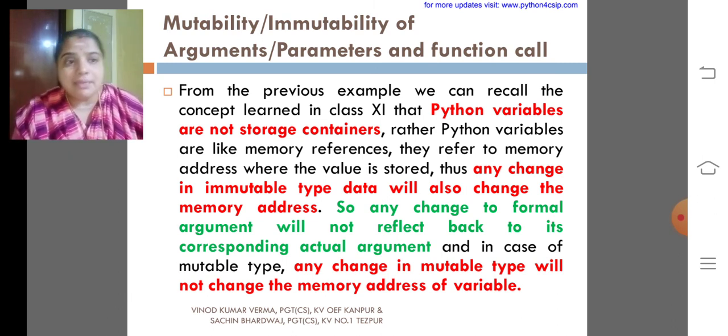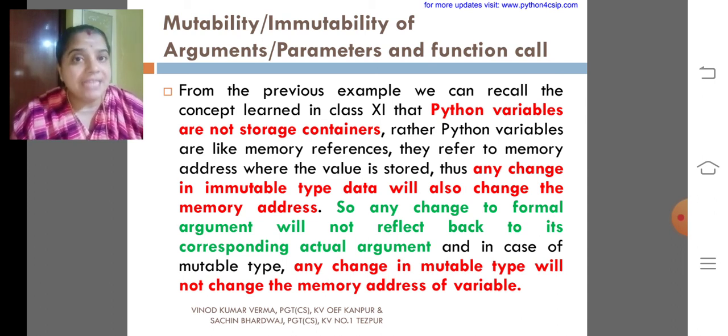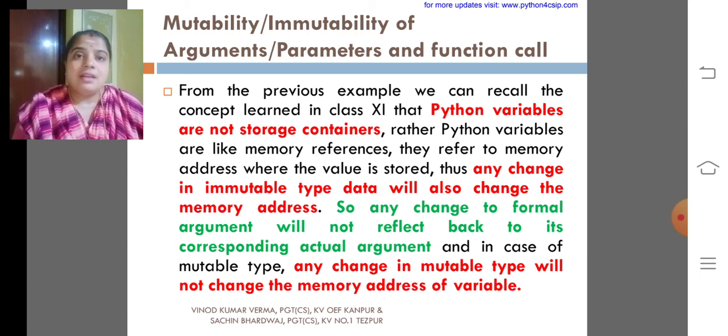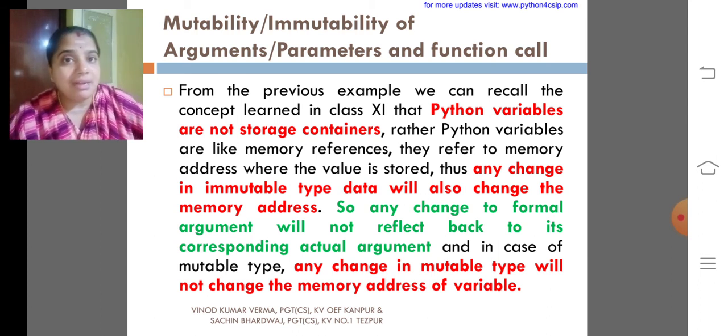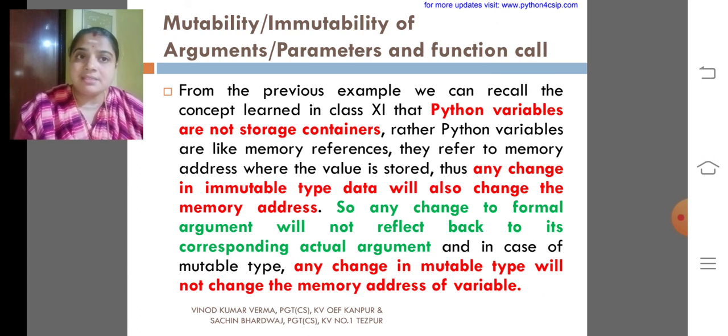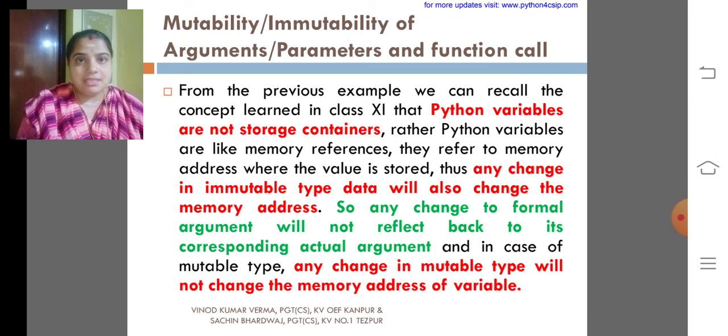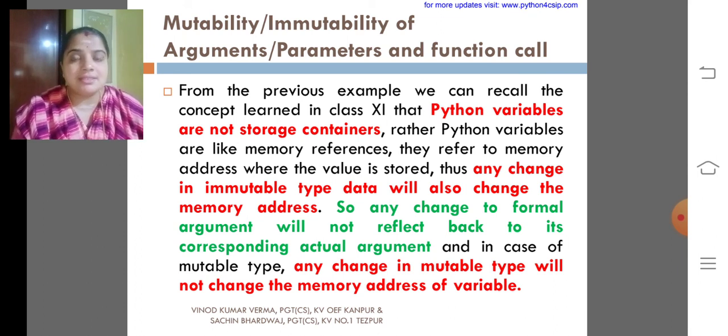Any change in a mutable type will not change the memory address, but the changes occur in the actual parameter. I think you are all clear about the mutability and immutability of arguments and how it affects the formal parameters and actual parameters. Thank you.